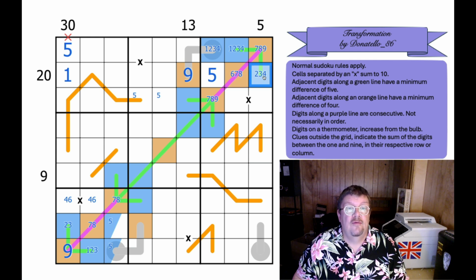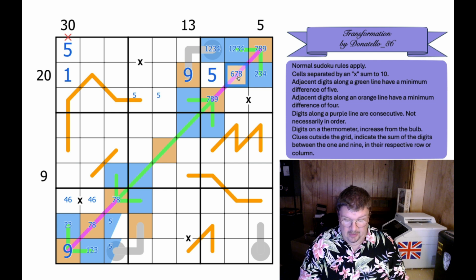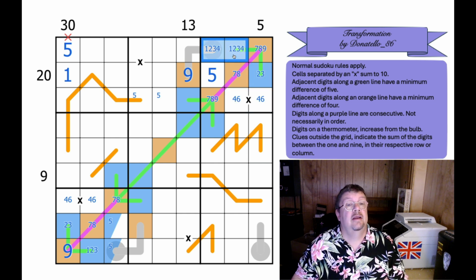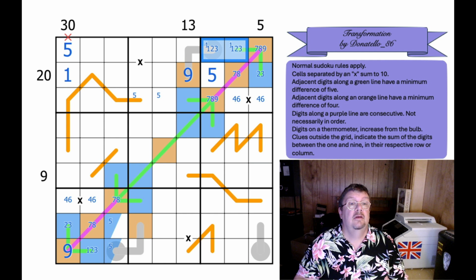But if this is a 4, then to be at least 5 away, that would have to be a 9. And I can't have a 9 here and a 9 here. So that is not a 6. That means that the high digit that goes into this x is a 6, and it goes with a 4. And that's not a 4, and now neither of those are a 4. And one of those is a 1. That could be useful.